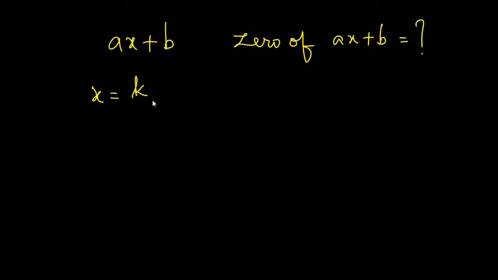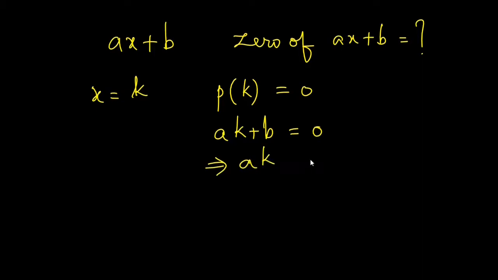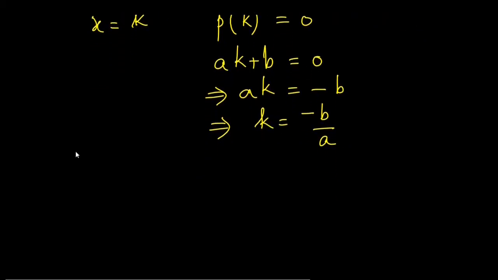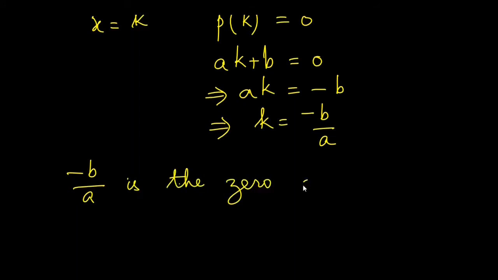If k is the 0 of the polynomial ax plus b, then p of k should be 0. That means ak plus b should be 0. So this implies ak is equal to minus b. K is equal to minus b by a. So minus b by a is the 0 of linear polynomial ax plus b.